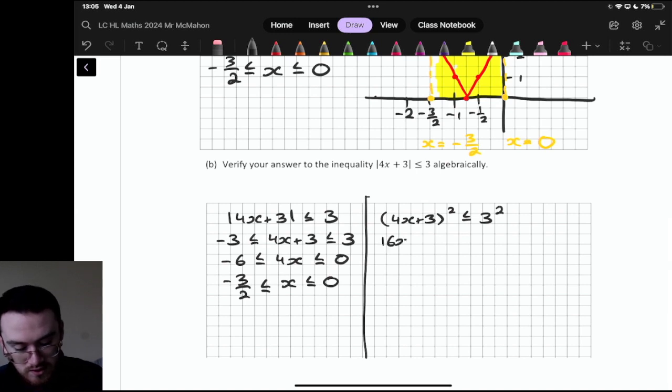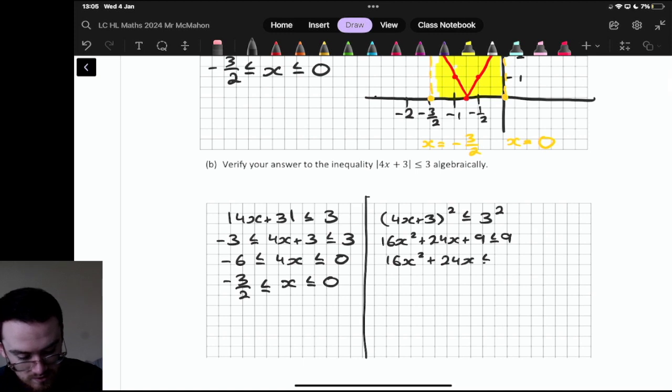So 16x squared plus 24x plus 9 is less than or equal to 9. We get 16x squared plus 24x is less than or equal to 0. We can factor out an 8x altogether. We get 8x times (2x plus 3) is less than or equal to 0.